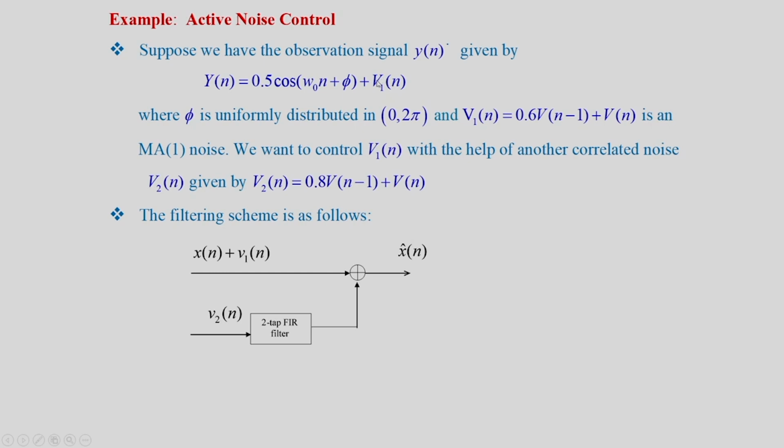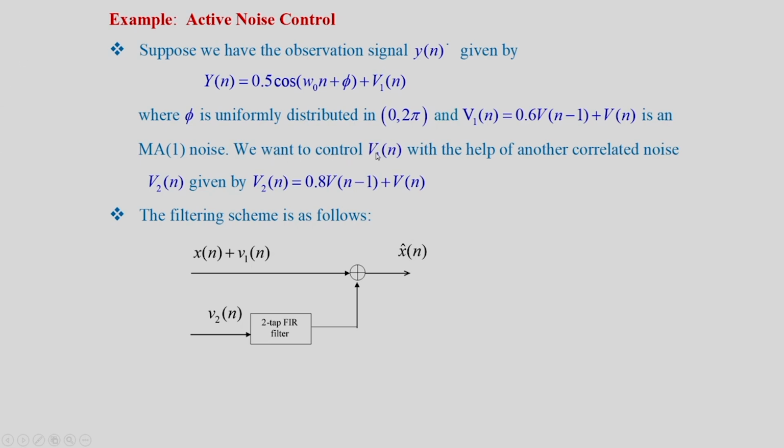There is a noise in the signal, where phi is uniformly distributed in the interval 0 to 2 pi, and v1 n is equal to 0.6 v n minus 1 plus v n. This is known as a moving average model, MA1 noise. So, the signal y n is a cosine function plus some noise.